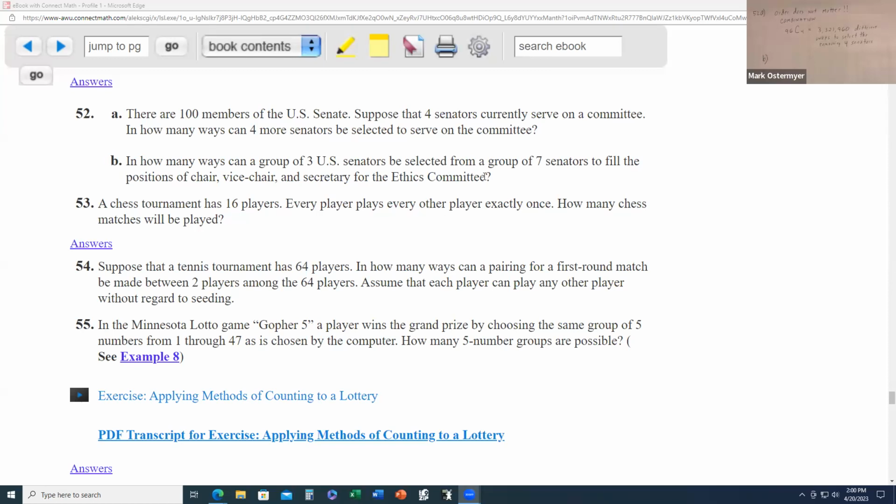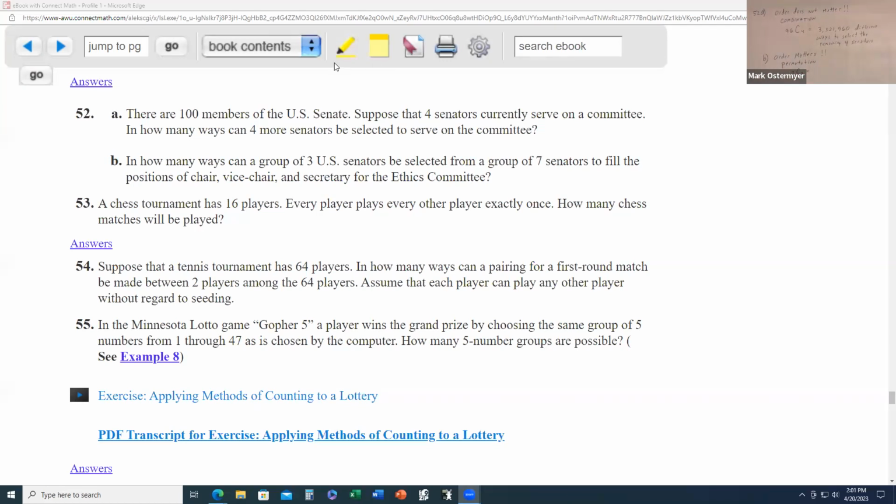So therefore, since order matters, what am I going to use? Permutation or combination? So now we're going to have to turn it over to the permutation, where we have 7 senators to select from, and we have to choose 3 of them to fill these 3 offices.